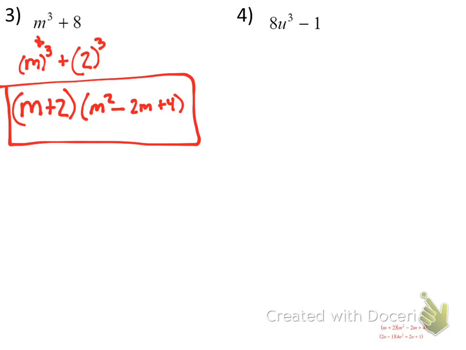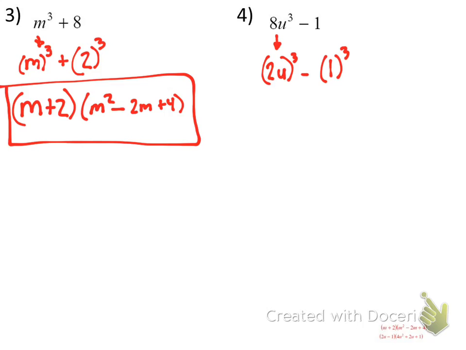Okay, number 4. By yourselves. Ready, set, go. Okay, so number 4, recording again here. Number 4, you have to think about, okay, 8 is a perfect cube of 2u cubed, right? 2u cubed minus, and then we got 1 is perfect cube of just 1, right? So our a is 2u, b is 1.